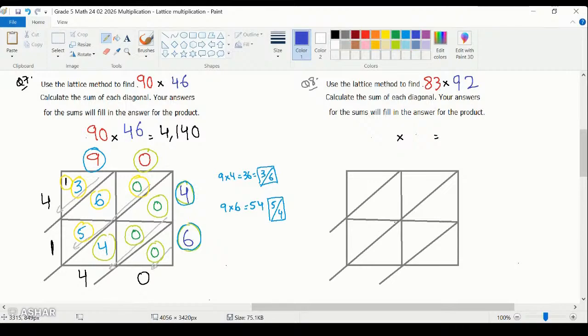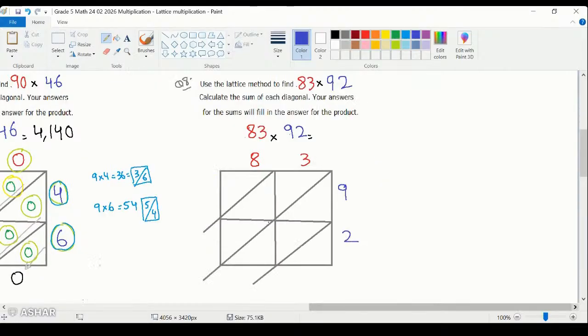Yes, it's a larger number. So we write 83 multiplied by 92. We break down the 83, we write 8 and 3, and we write 9 with 2.